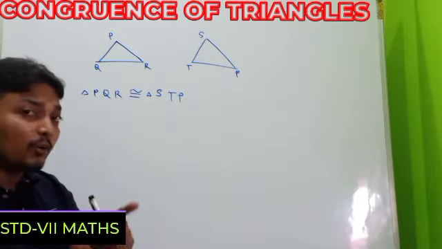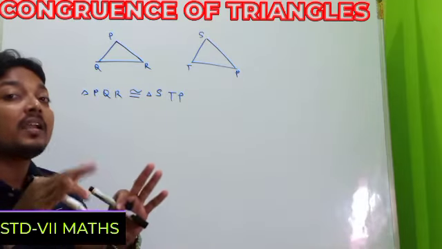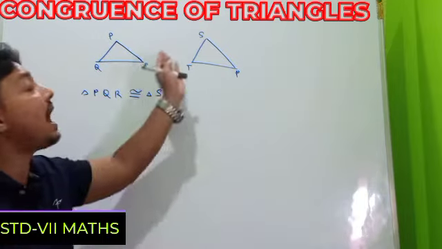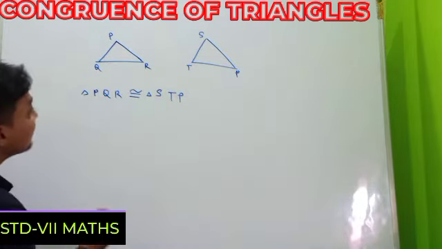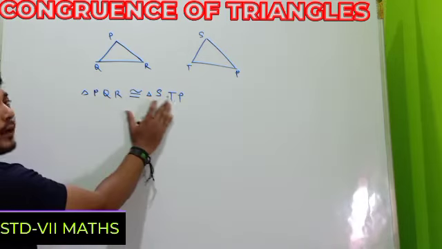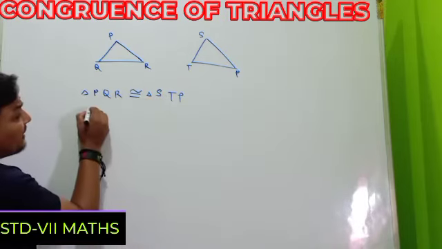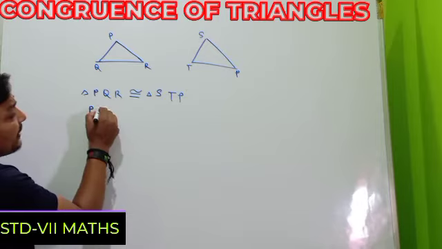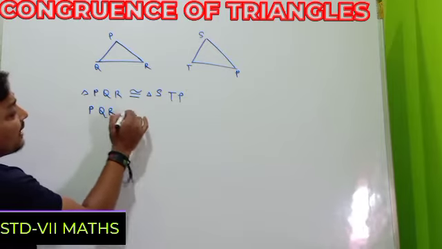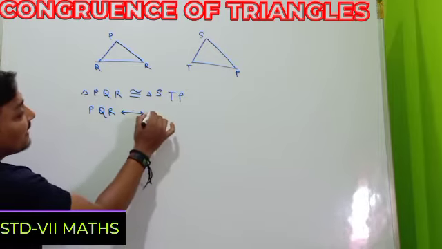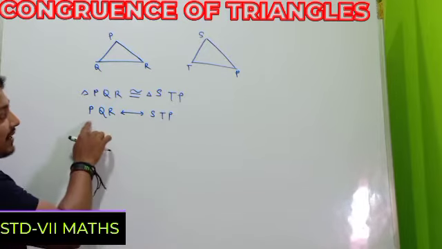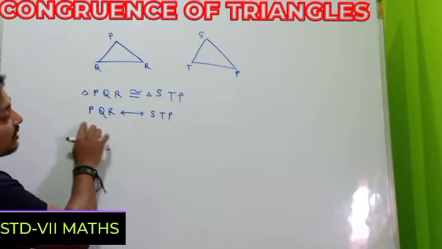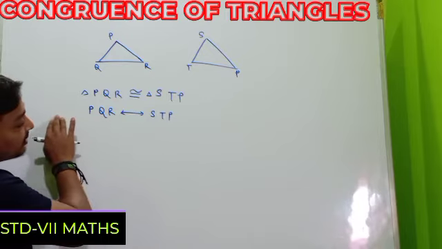See, I said congruent means 9 conditions must be matched with another 9 conditions. First one is our vertices matching. Here, congruent is given in the symbol. It means PQR is matching with STP, corresponding under the correspondence.